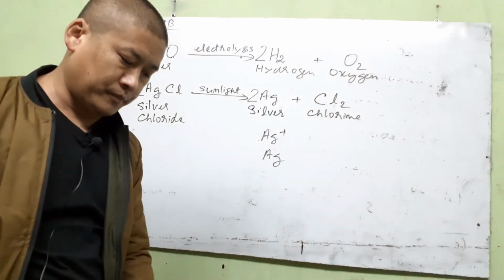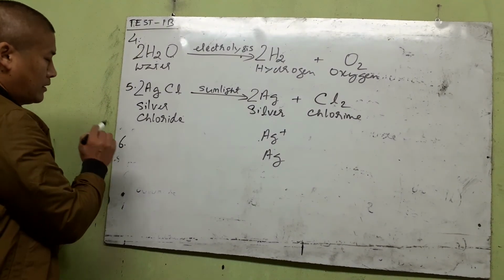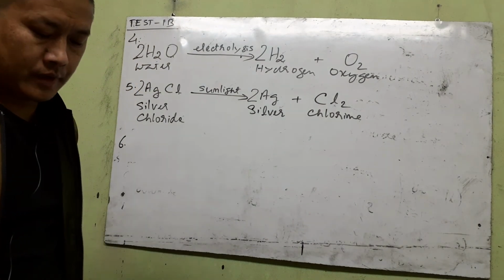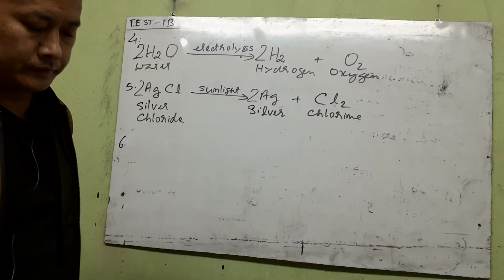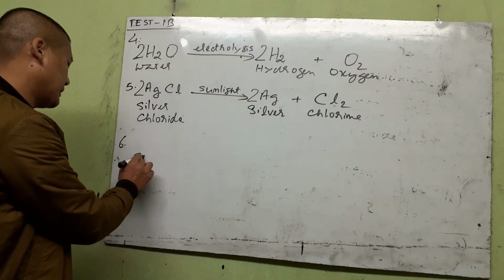Let us complete the decomposition reactions. I think one more is there, so 6. Let us see what the decomposition is. Decomposition of silver bromide on exposure to sunlight gives silver and bromine. This time it's silver bromide.